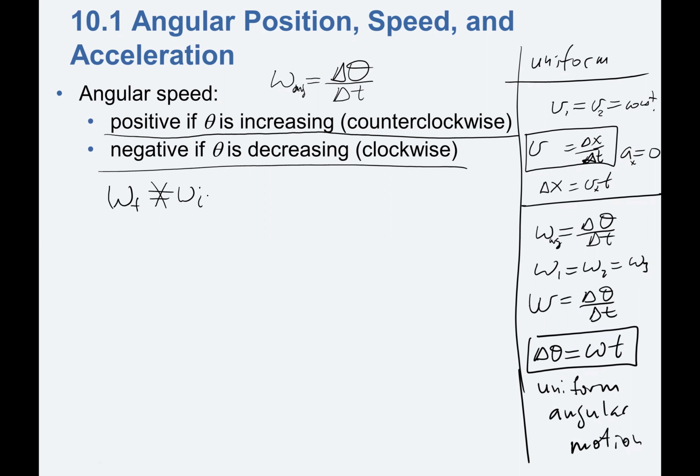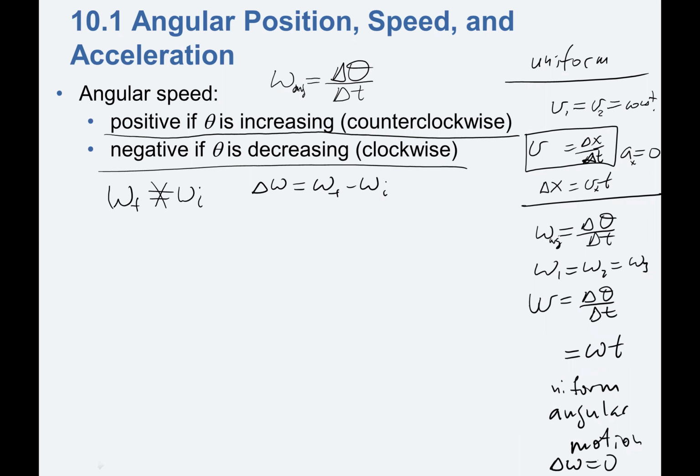So if you speed up or you slow down, that means you have a non-zero change in omega, which is omega final minus omega initial. So here you can see, if it's a uniform motion, my delta omega has to be 0 because omega 1 and 2, or final and initial, are the same. So if I do change in omega, I get 0. But here I don't get 0. That means I have a non-uniform motion.